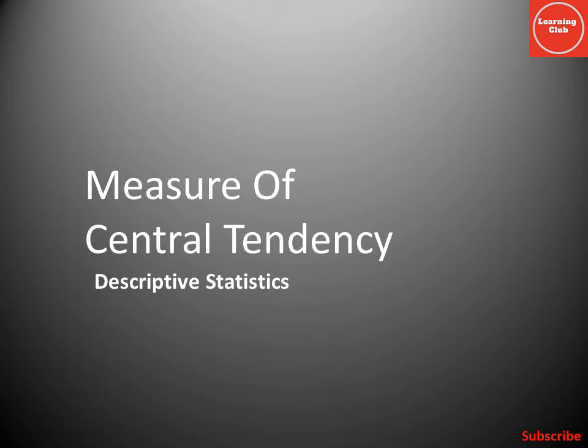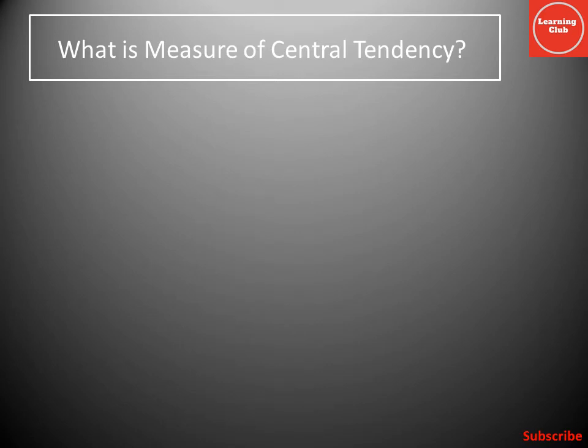These quantitative measures are helpful in making inferences concerning a population involved in a statistical inquiry. So the first question which emerges in our mind is, what is the measure of central tendency?